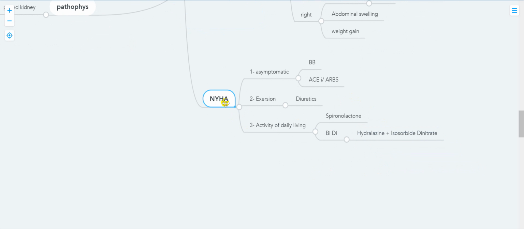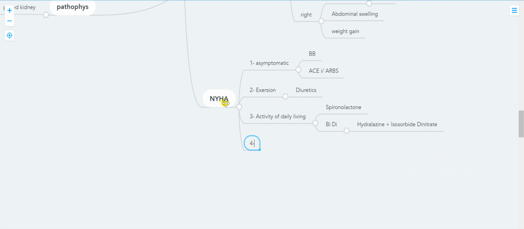And then what if it's at rest? Then we will increase the contractility of the heart. How do you do that? We give dopamine, inotropic drugs. Excellent, dopamine. Or you can even add milrinone.